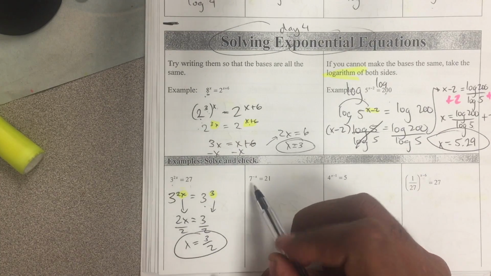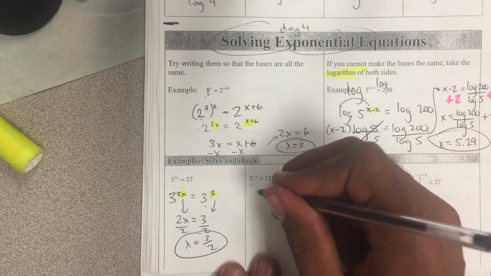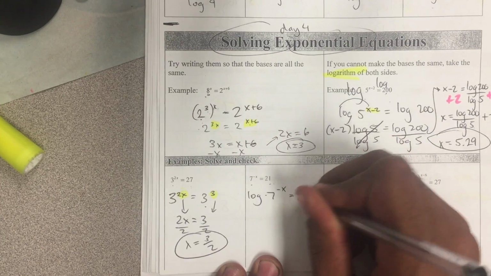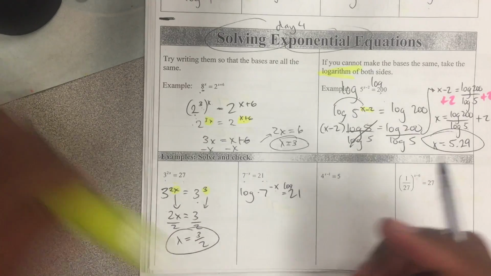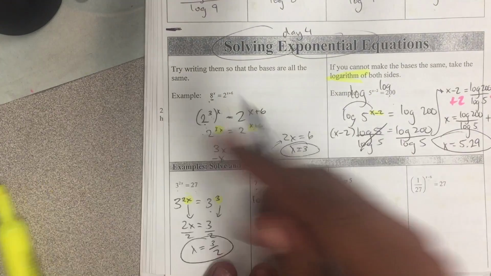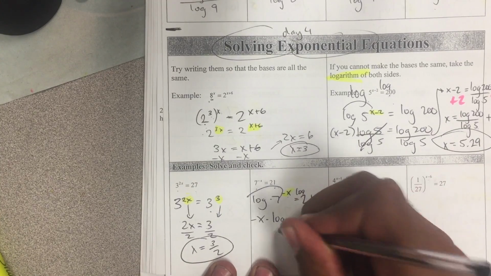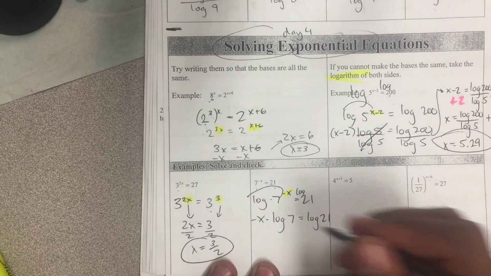If you notice here, again, I have 7, and 7 is not a root of 21, so I'll log both sides. Oops, sorry, I forgot the log. Again, I can use the power rule and bring that down into the front. So now it's negative x times, remember it's multiplication there, log of 7 equals log of 21.